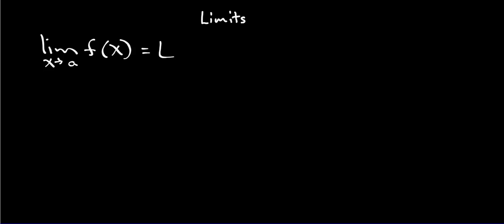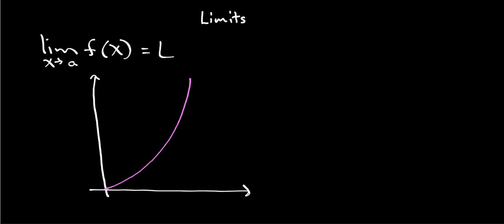Okay, so what we say is this: we look at pictures like this. We consider a function like this. Let's suppose this is f of x. Let's suppose this down here is a, and over here is L. I realize this is review because y'all are in Cal 3 now.